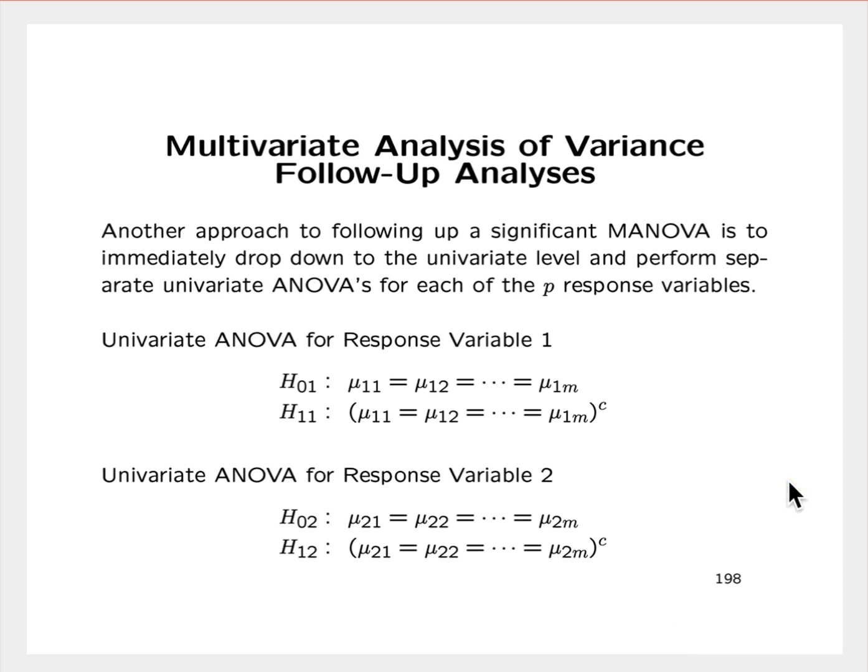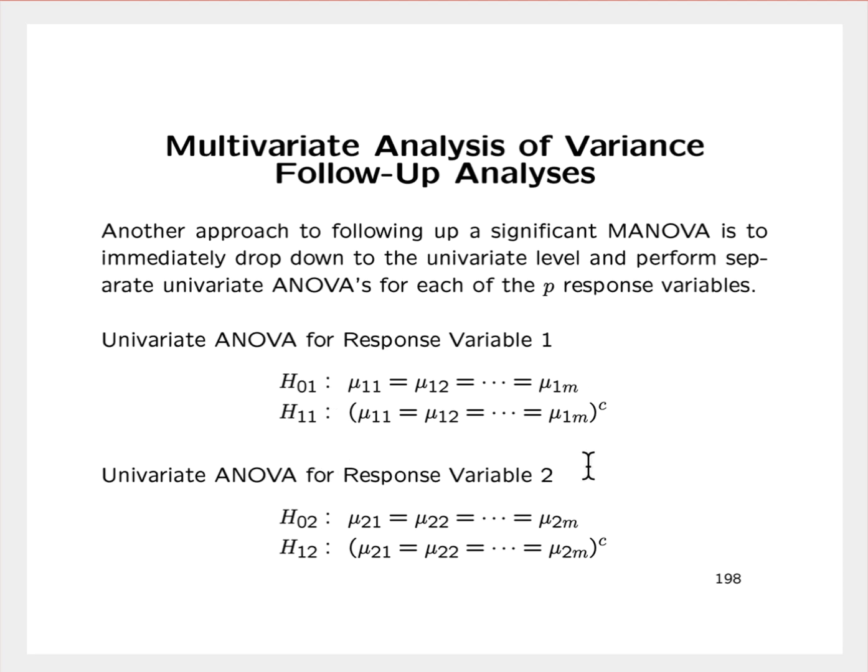If we were to reject the null hypothesis of the MANOVA, then thinking about it in this particular way, the conclusion would be that for at least one of the response variables, the univariate analysis of variance is significant. And so the question is, for which response variable? What we would do is, for each of the p response variables, perform a univariate analysis of variance.